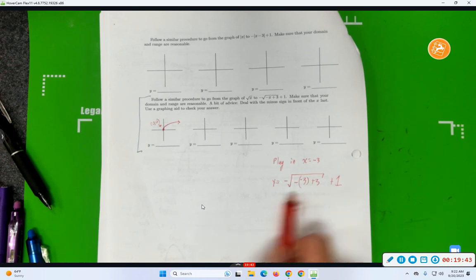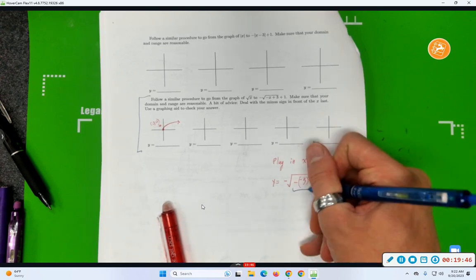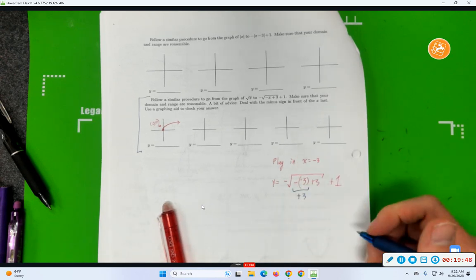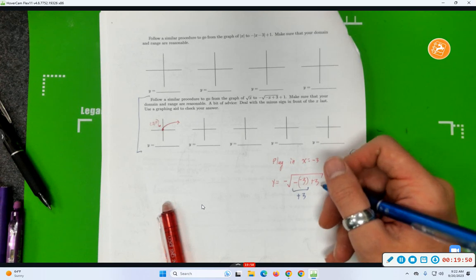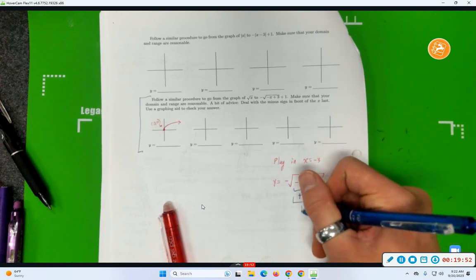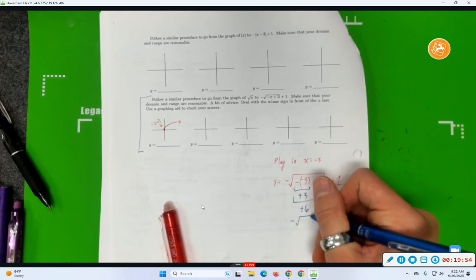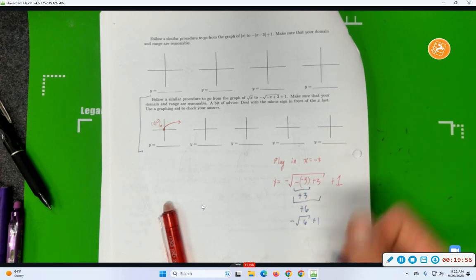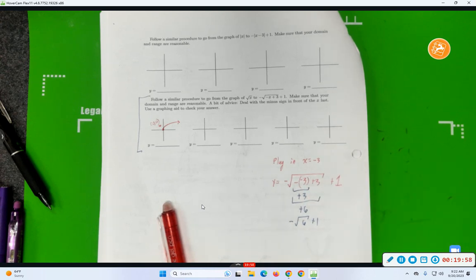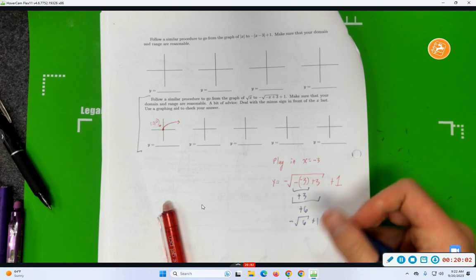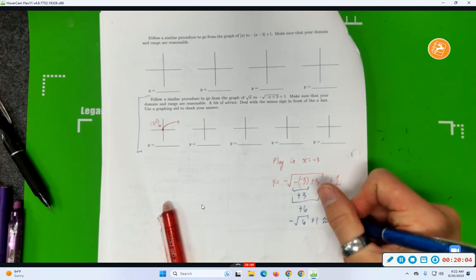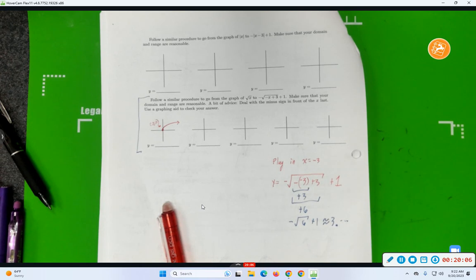All right, -3 is... Oh, no, that's bad. +3 plus an extra 3 is +6. So it would be negative the square root of 6, plus 1. The square root of 6 is somewhere between 2 and 3. 2 point something. Those of you with a calculator can give me more digits, but I don't think I care. So here's the point.